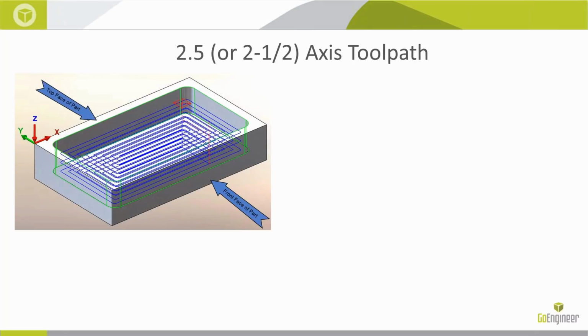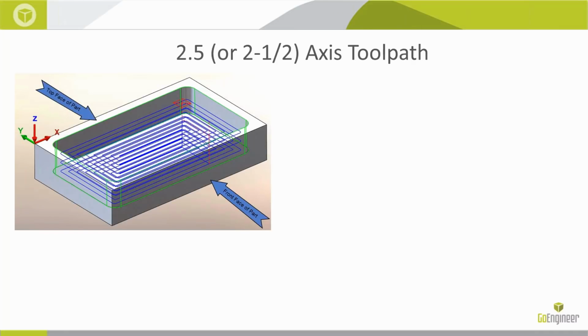The most common question that I have, and this is more geared towards individuals who are not familiar with the differences between 2.5 axis and 3-axis toolpath, is that with the 2.5 axis toolpath, it's the capability to translate in all 3 axes, but the cutting operations can only be performed in 2 of the 3 axes.